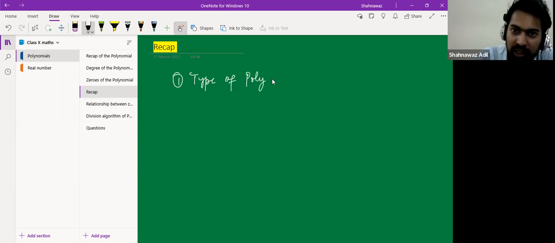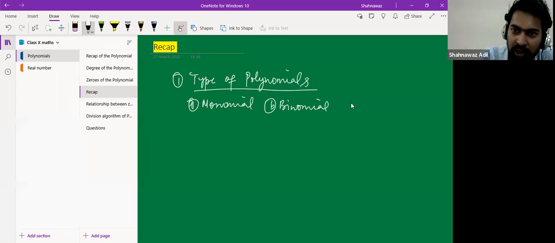And what were the types of polynomials? Monomial, binomial, trinomial. Very good. Monomial, binomial, and trinomial and others.